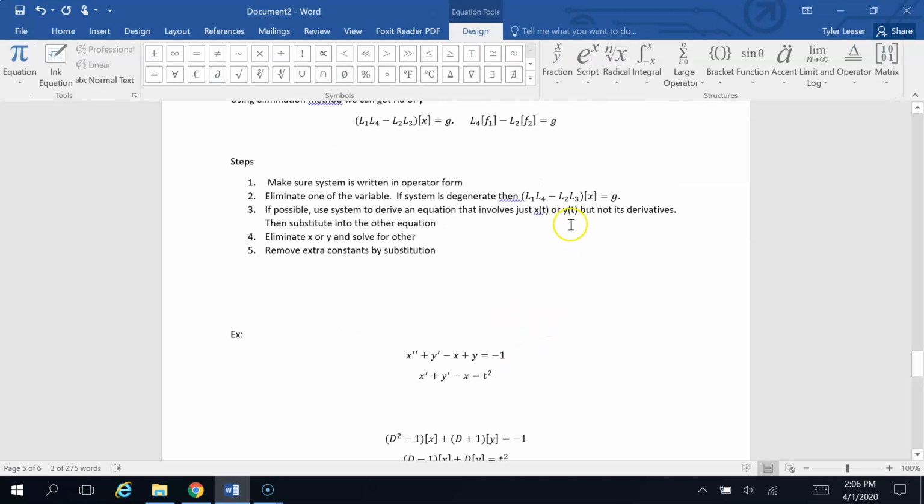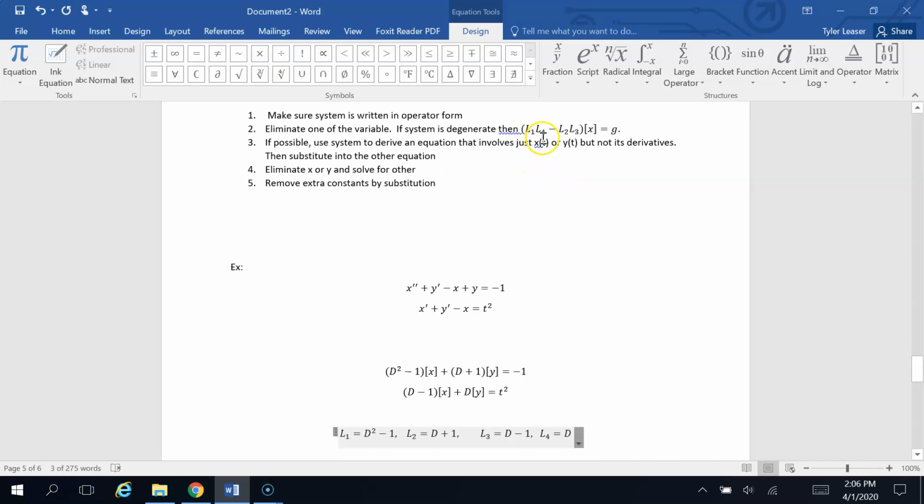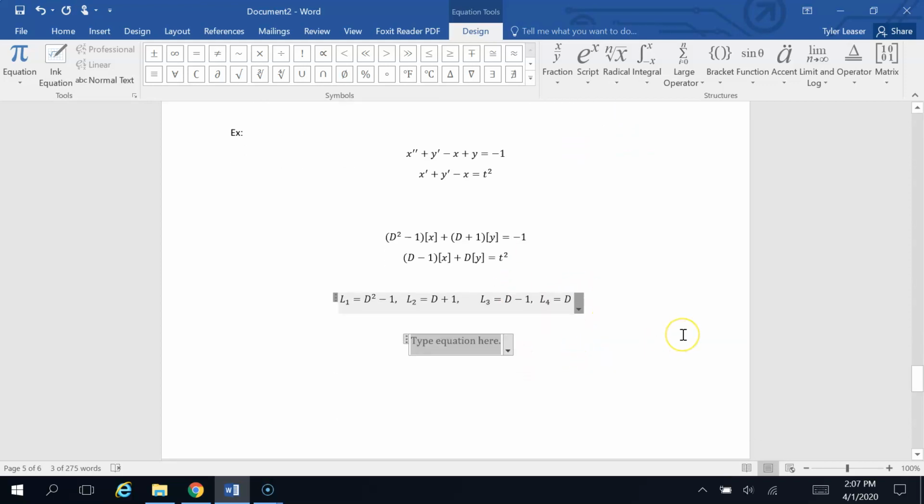Another way to do it is just to copy the equation here. So we're going to have L1, L4 minus L2, L3 operating on x, and that's equal to g. But remember, g is a little special thing happening with these f's over here. But let's just write out what it's going to be. So we're still going to have that d squared minus 1. This is from the first equation here. So that's my L1, and that's going to be times my L4, which is d. Minus the L2, d plus 1, times the L3, the d minus 1.